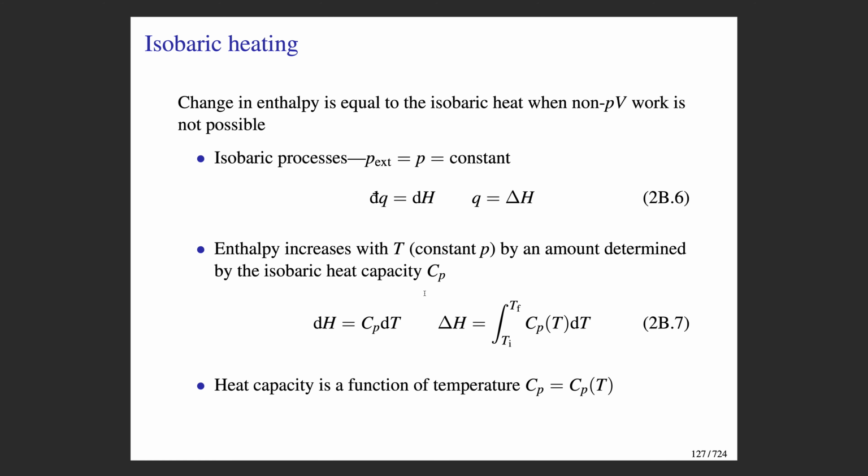So here's the infinitesimal relationship between the change in enthalpy and the change in temperature. In general, that heat capacity at constant pressure is a temperature-dependent function, and so in the general case you have to do an integral like this. And this is very similar in structure to what we looked at before for isochoric heating.